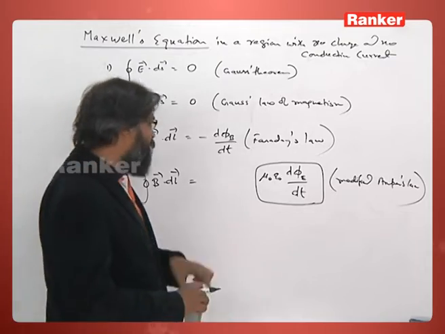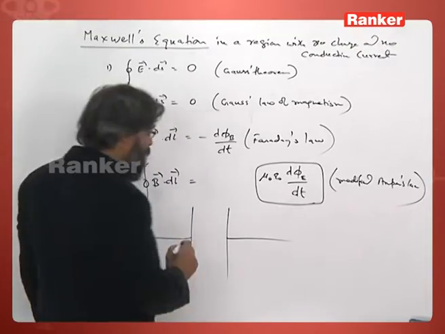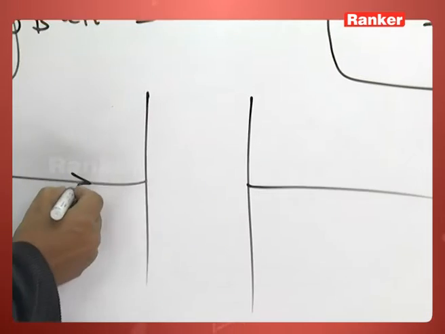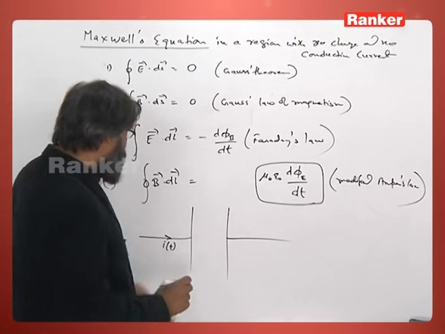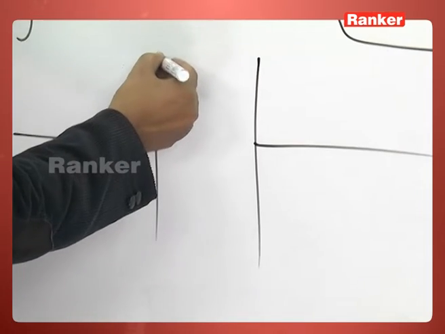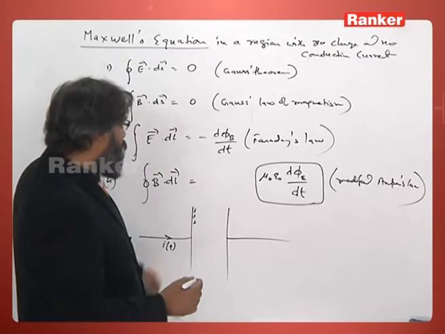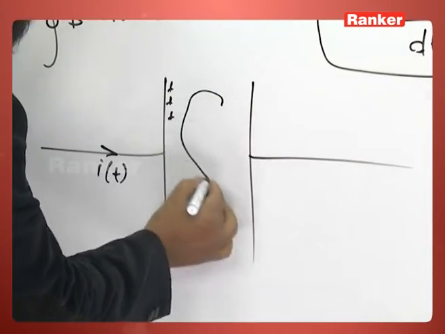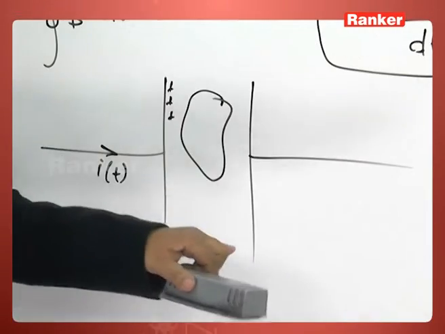For example, take a charging or discharging capacitor. Here there is a time varying field, but here there is no charge. On the capacitor plates there is a time varying charge, but in between in this region there is neither any current nor any charge.